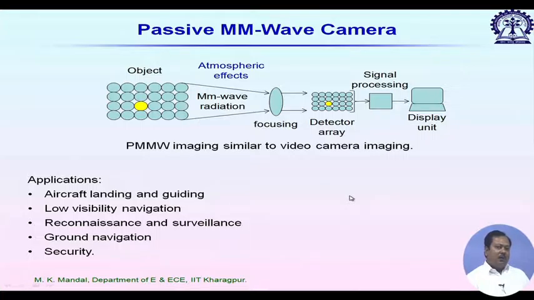For security applications, how can we use it? You see, the millimeter wave signal can easily penetrate through cloth, thin clothes or even sweater jackets, but it will be reflected by skin. Skin appears to be a warm object, which means its emissivity is high.